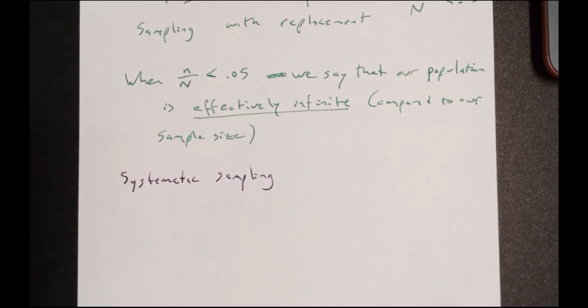When we have large populations, like quality control issues, you may simply say, I'm going to take every 100th, every 10th, every 15th. I have a full auditorium. I'm going to take the people in the second seat in every row from the right.